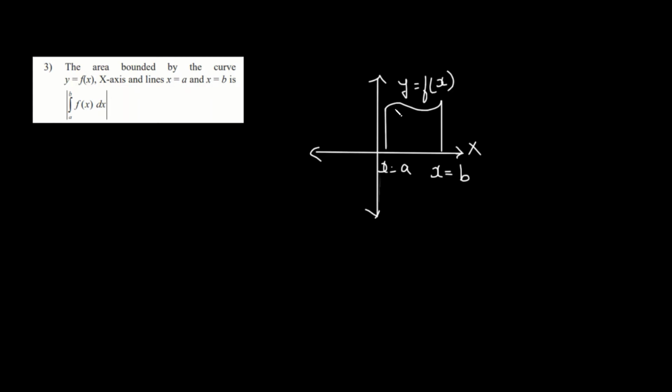Then the area which is bounded by this curve is to be given. As you can see from the formula, the required area is going to come out as the integral a to b f(x) dx. And that means this answer is true actually. So this is the answer that we are getting, and they have given this answer itself. That means this statement is true. So that is what we are writing over here.